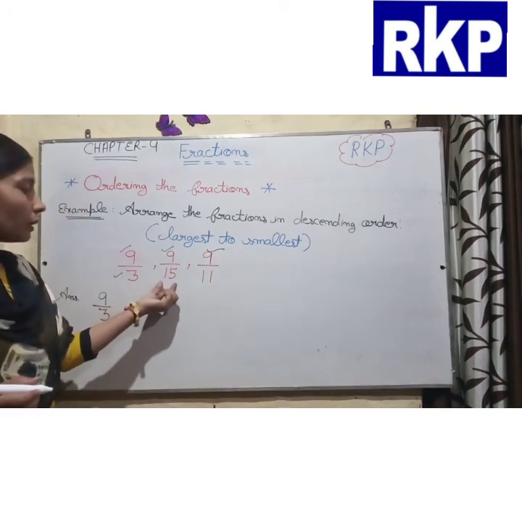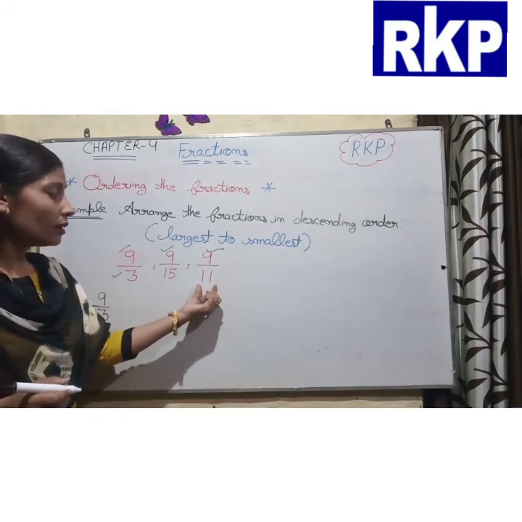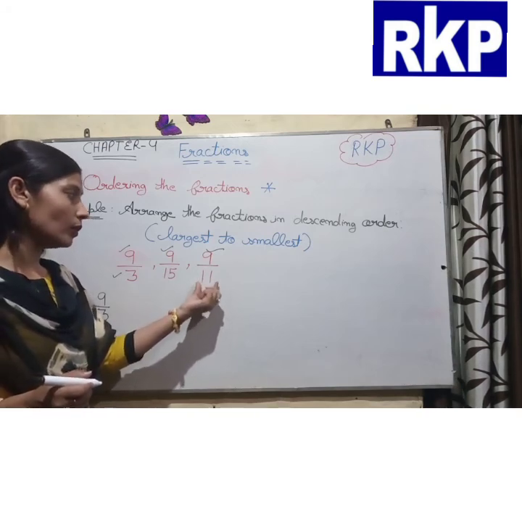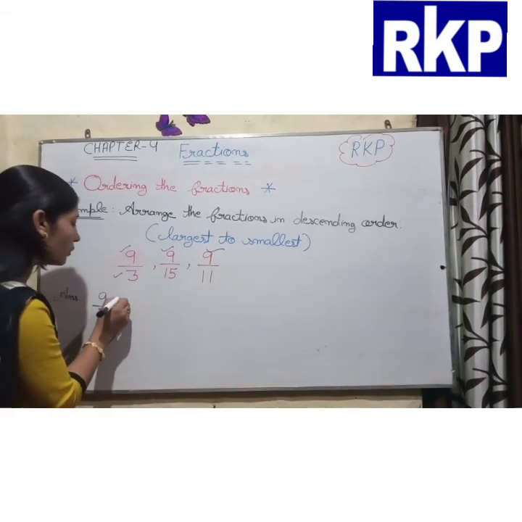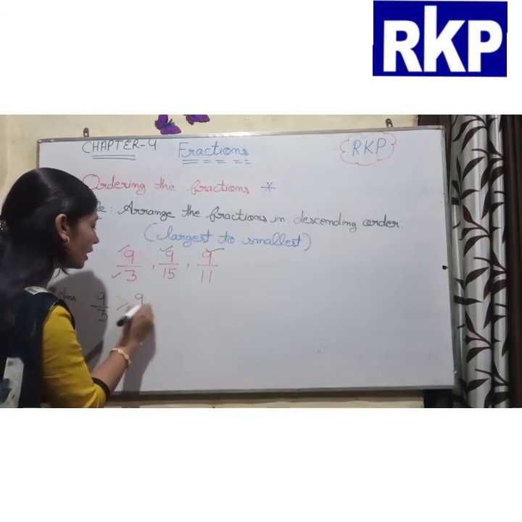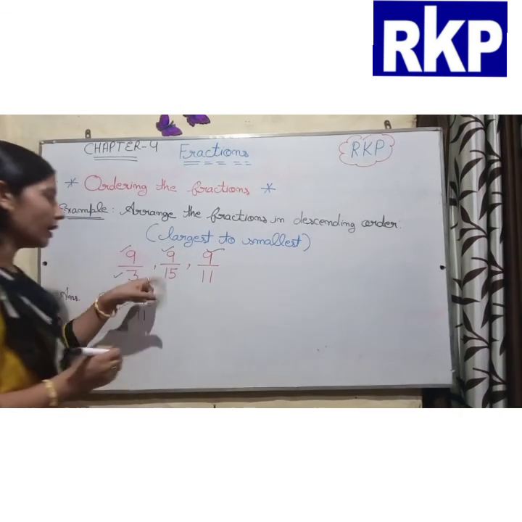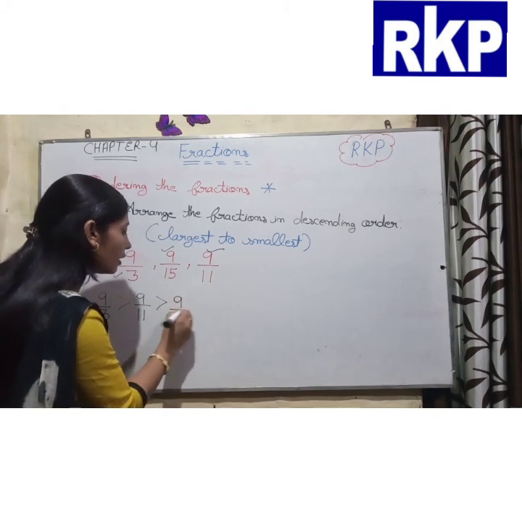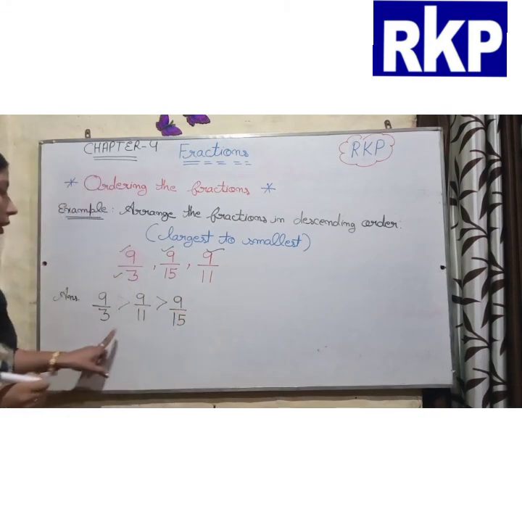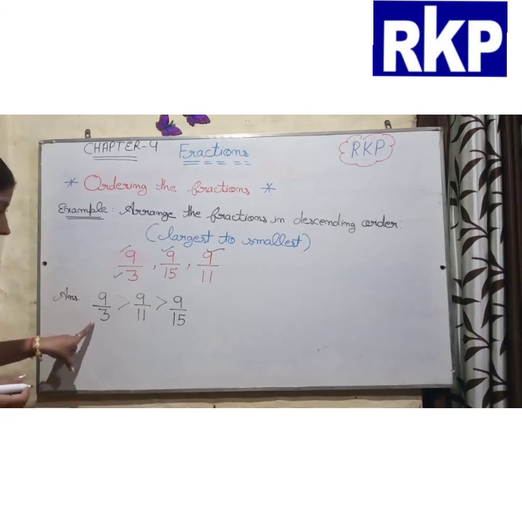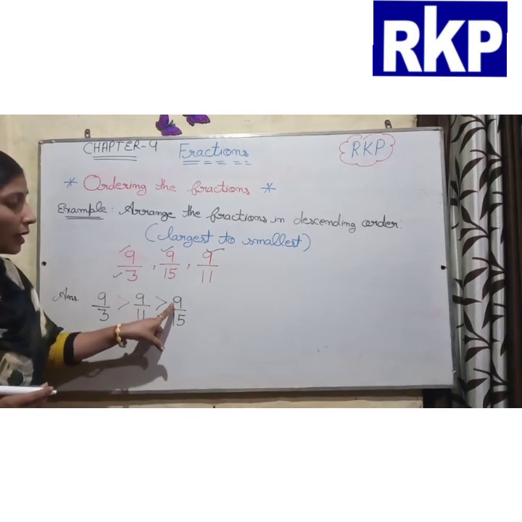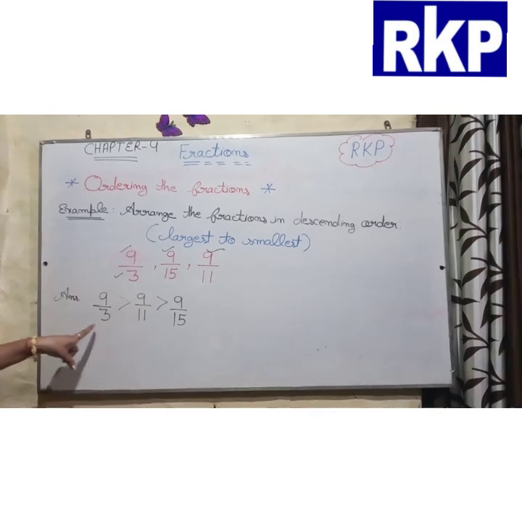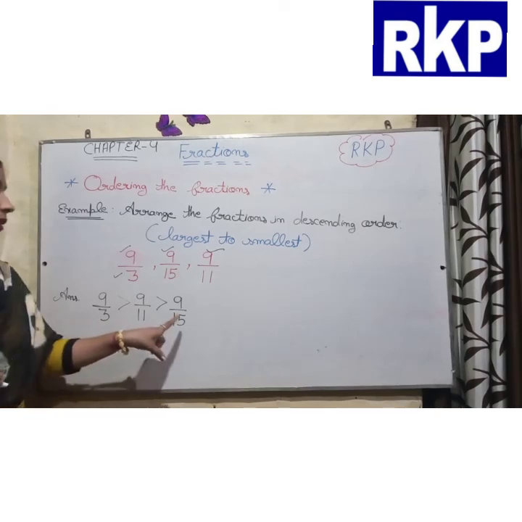Between 15 and 11, 11 is smaller, so 9 by 11 will be greater. So we write 9 by 11, and now we write 9 by 15. Now we can say 9 by 3 is greater than 9 by 11 and 9 by 11 is greater than 9 by 15. Now these fractions are arranged in descending order.